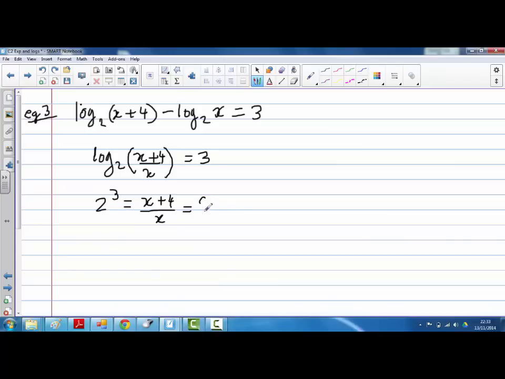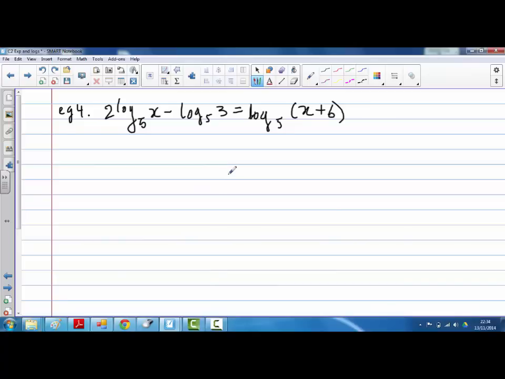Now 2 to the power of 3 is just 8, so therefore x + 4 equals 8x, and then that will give us 8x take away x is 7x, so 4/7 equals x.